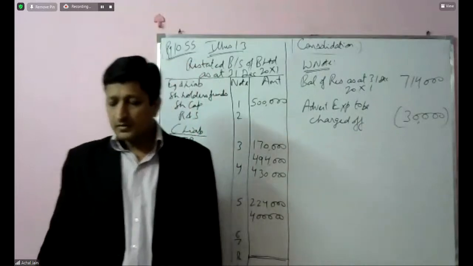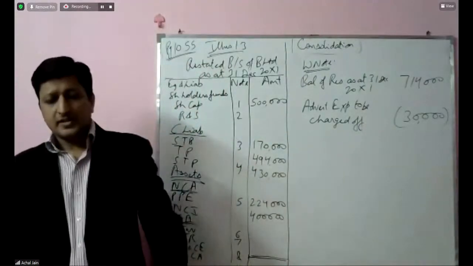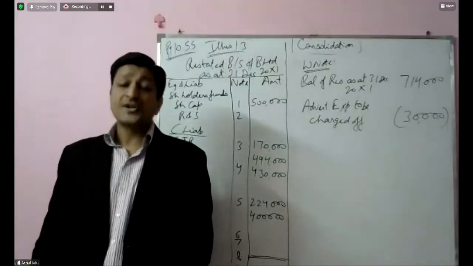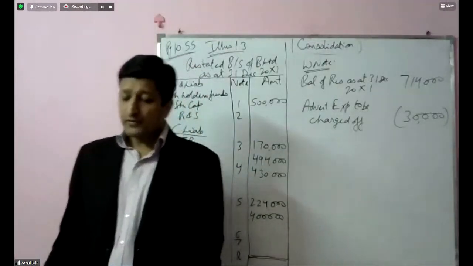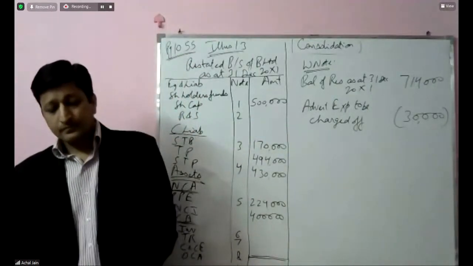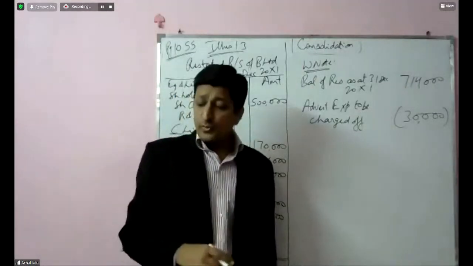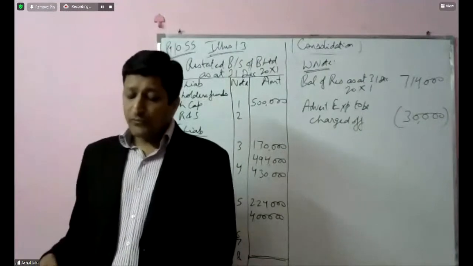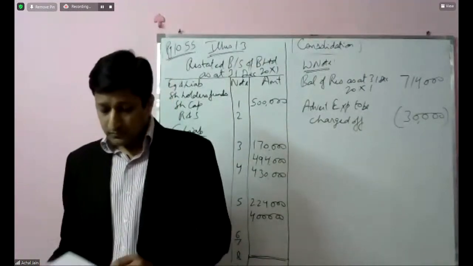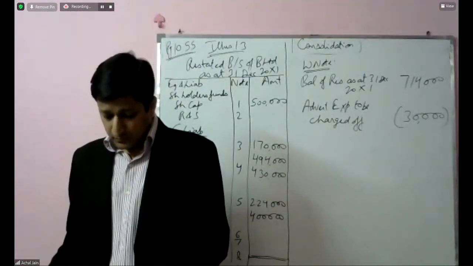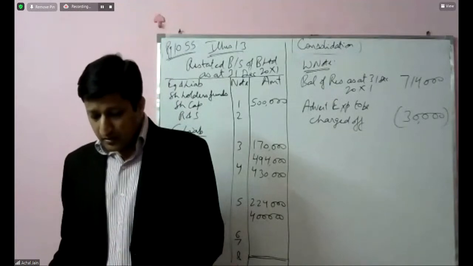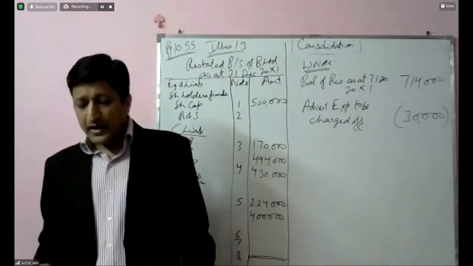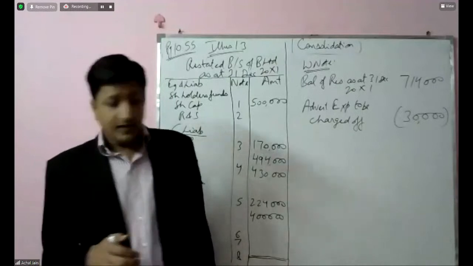Next, provision for doubtful debts. Now, there is a strange adjustment of provision for doubtful debts, which B Limited seems to be doing. Let's understand the adjustment: 1% of trade receivables. So what is the amount of trade receivables? Trade receivables are 8,91,000.